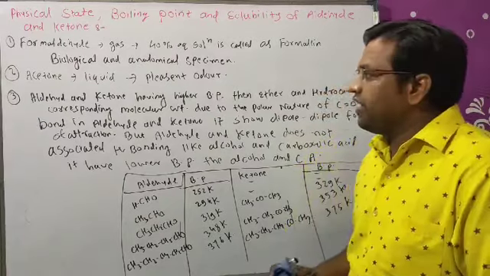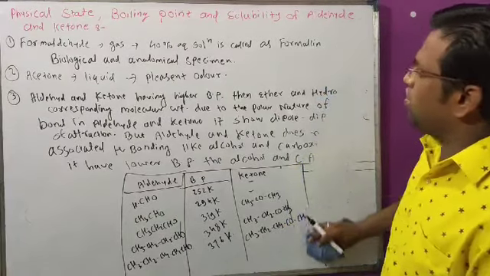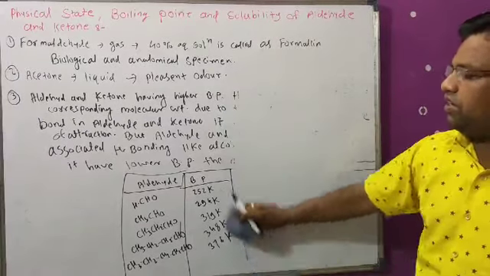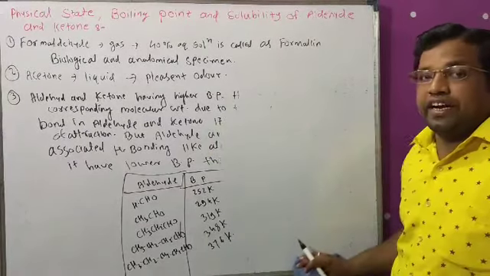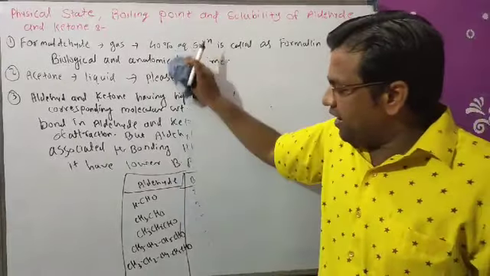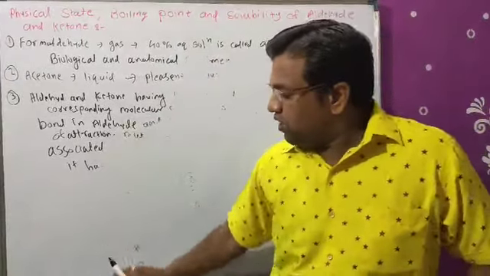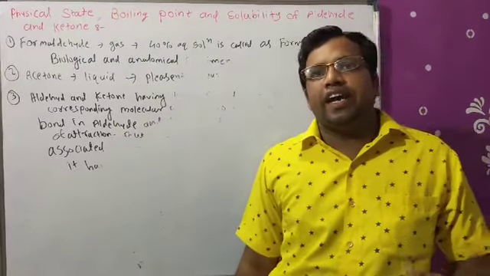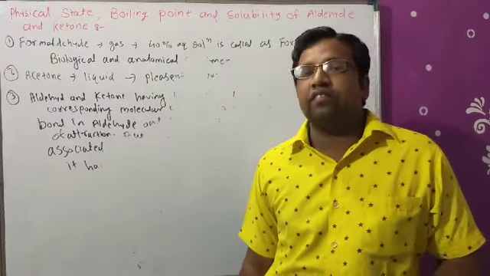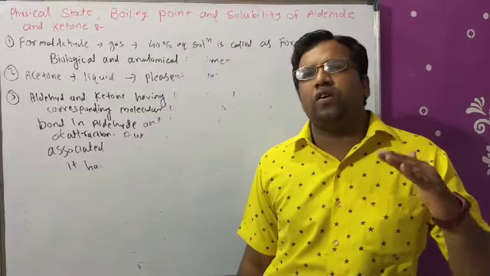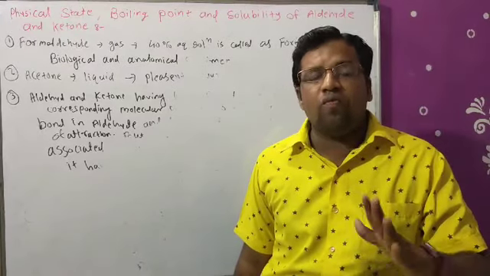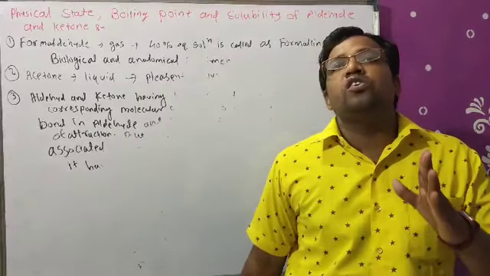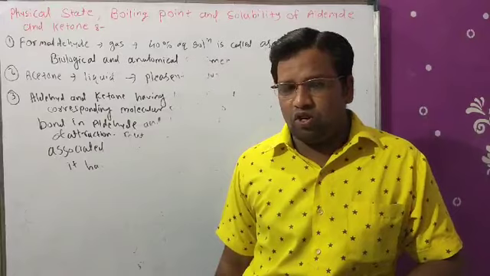Today we see our next point, that is the fourth point about solubility. In solubility, we see the first point, that the lower aldehydes and ketones are soluble in water, because lower aldehydes and ketones form hydrogen bonding with the water molecule, therefore they are soluble in water.